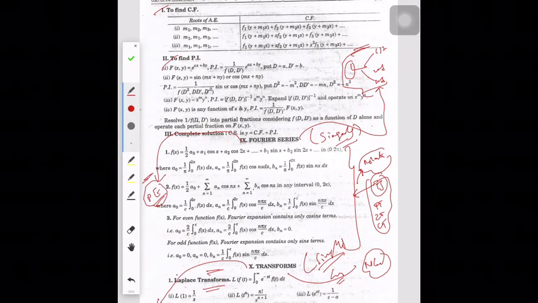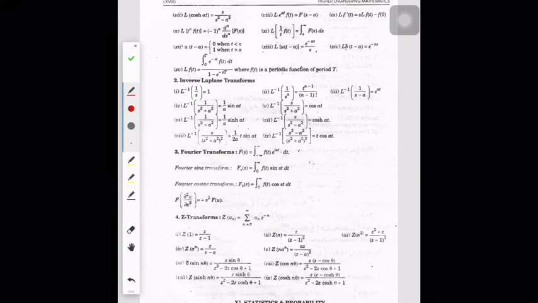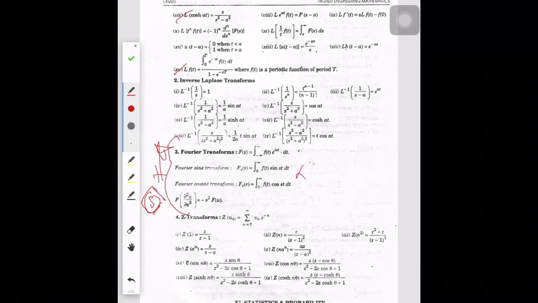So Laplace is very useful in networks and signals. Fourier transforms, don't study here, go for signals and systems, you will be studying there. These formulas will be slightly different in signals and systems. Z transforms, study in signals and systems only, not here.